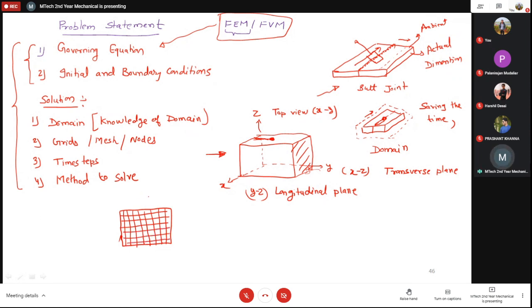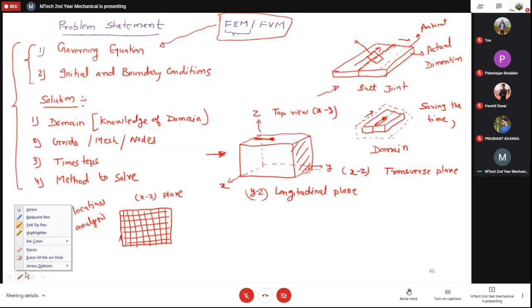So say this is our XZ plane, and we want some specific location for our analysis. And in welding, currently we are doing thermal analysis, so we want some specific location for our thermal analysis. Let's say this is one of the points, this is one of the points, this is one of the points.